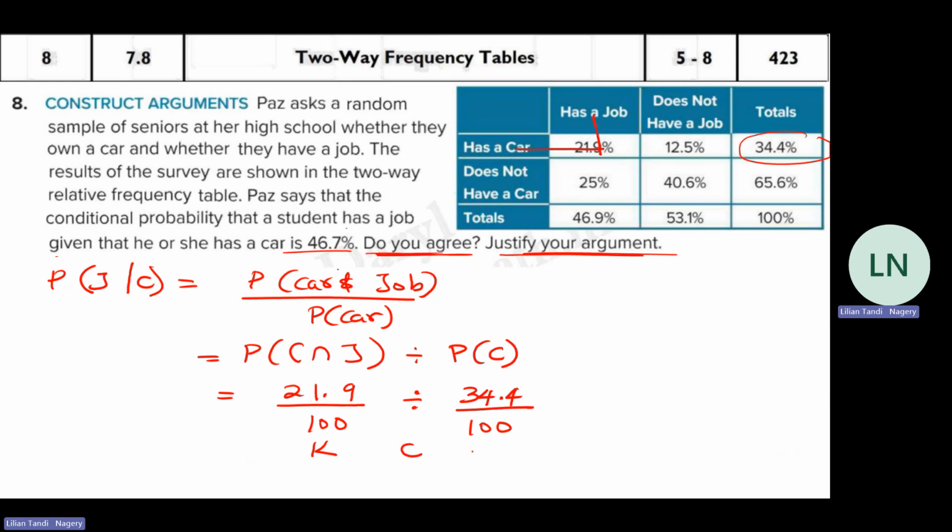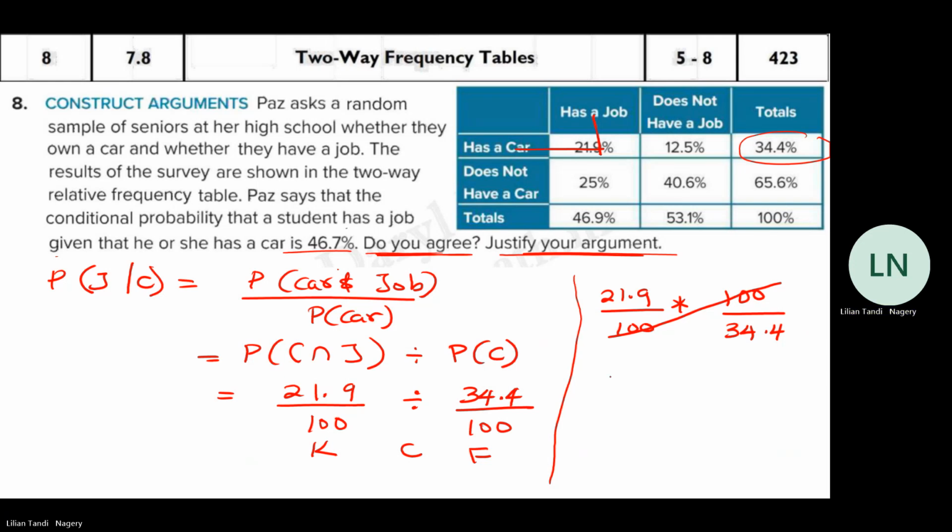Keep, change, flip. So that becomes 21.9 over 100 multiplied by 100 over 34.4. This goes away. You should get 0.636.